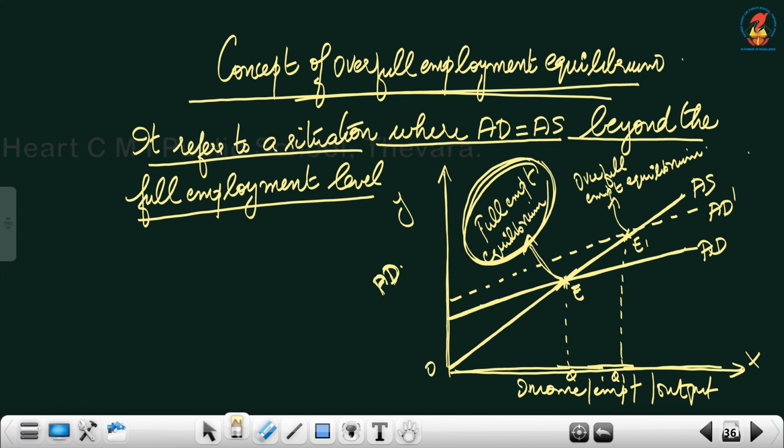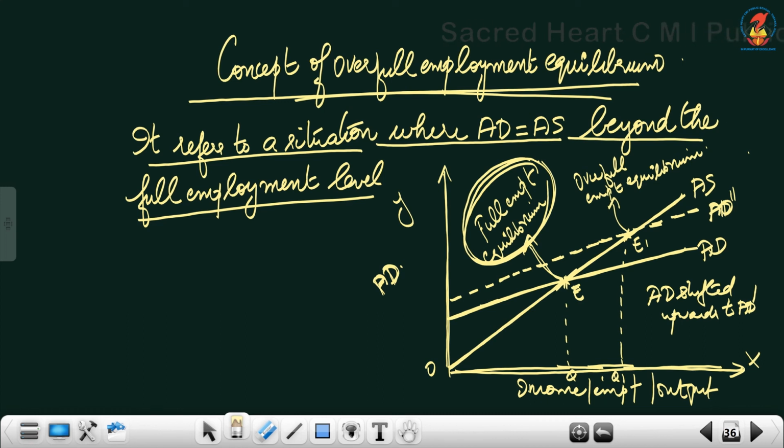Now the aggregate demand curve has shifted upward, isn't it? See, the new aggregate demand curve is AD1. So AD shifted upwards to AD1. That means aggregate demand has become higher. When aggregate demand has become higher, what has to be done?